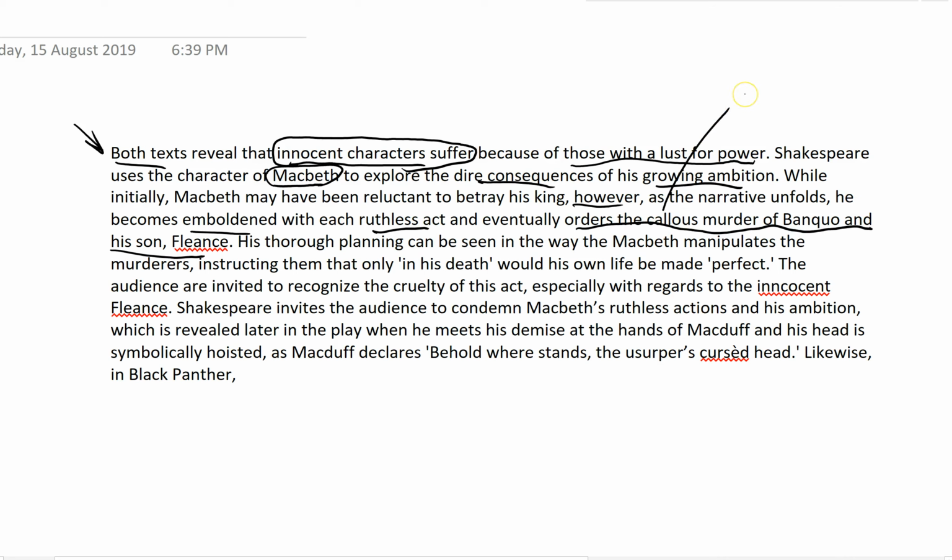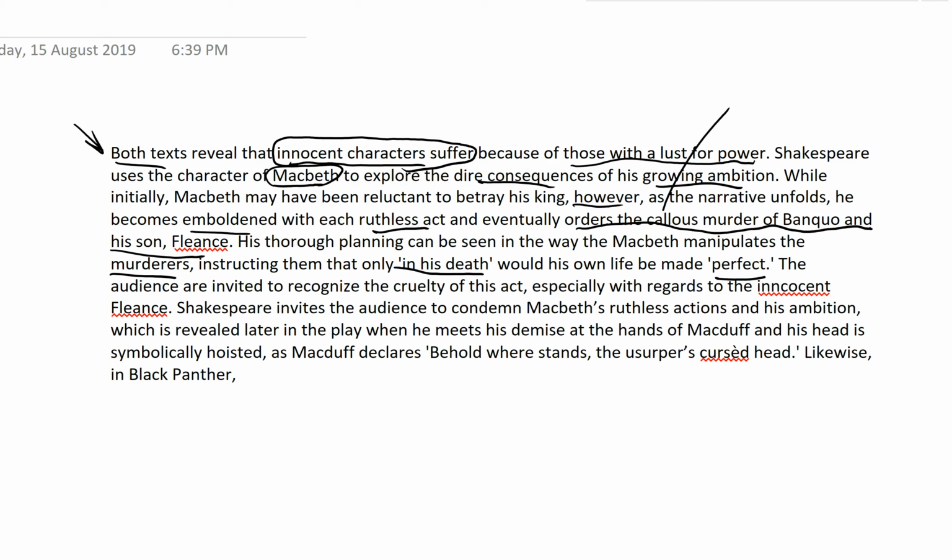So this event is the moment, the murder of Banquo and Fleance. His thorough planning can be seen in the way Macbeth manipulates the murderers, instructing them that only in his death would his life be made perfect. So there's a couple of quotes there from that scene.